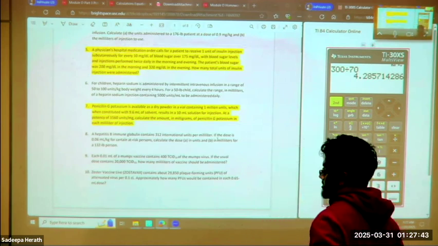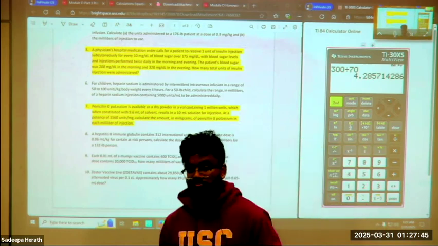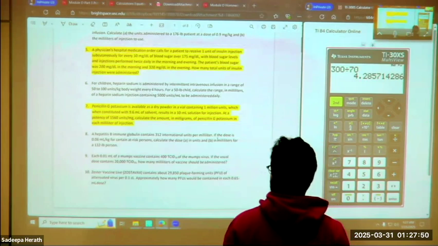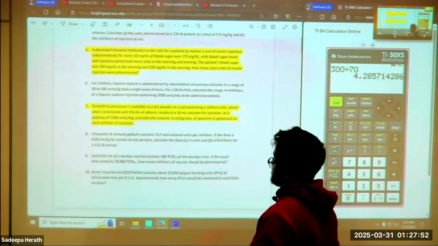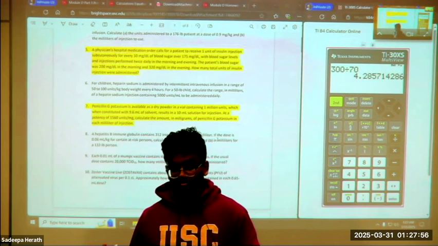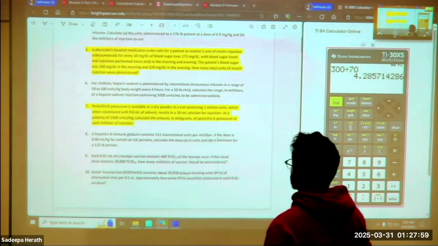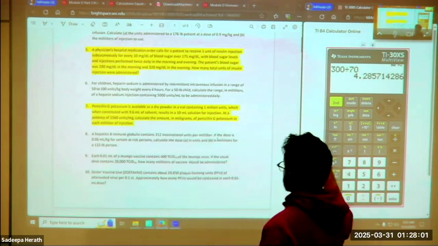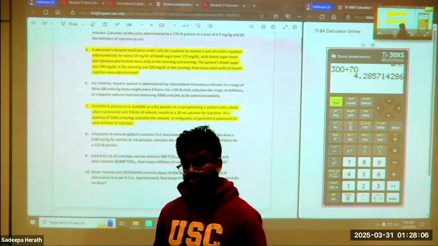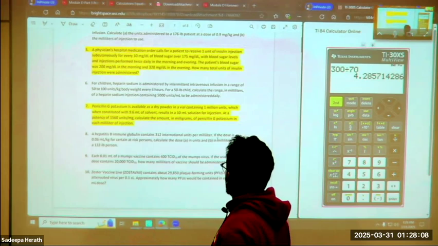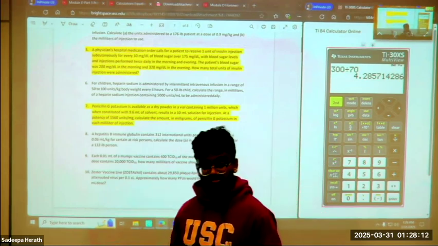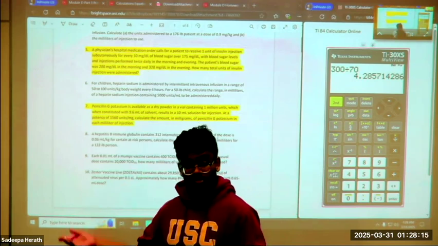What is this question asking in layman terms? They're saying that in a hospital, if a person's blood sugar is over 175, they will administer 1 unit of insulin injection for every 10 units over 175.